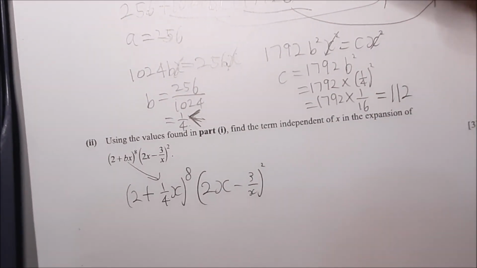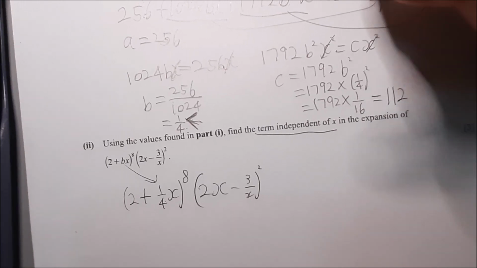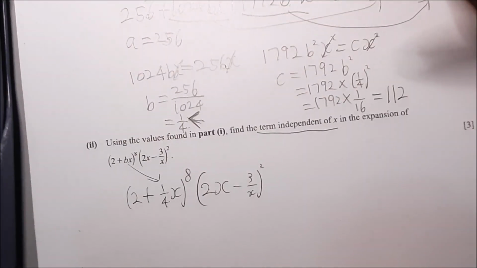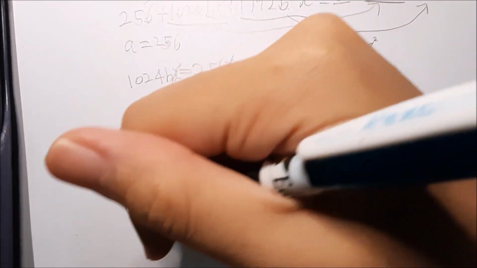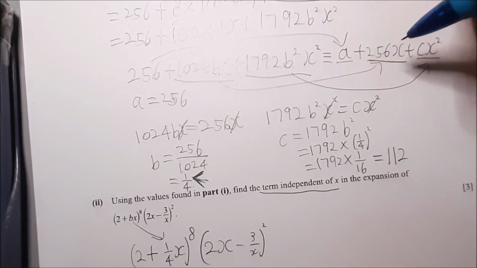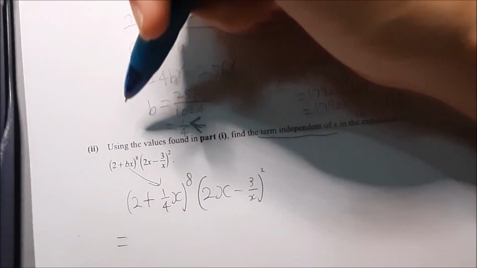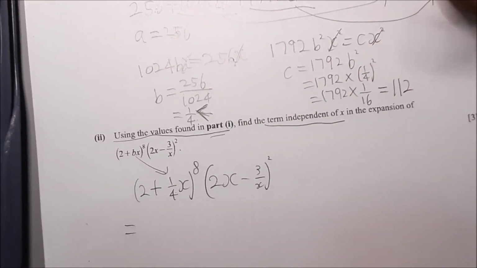And from here it says find the term independent of x, but to do that you have to expand the equations first. You don't have to expand everything here. You can just follow what you have expanded in the question above, because it already said in part 2 using the values found in part 1.